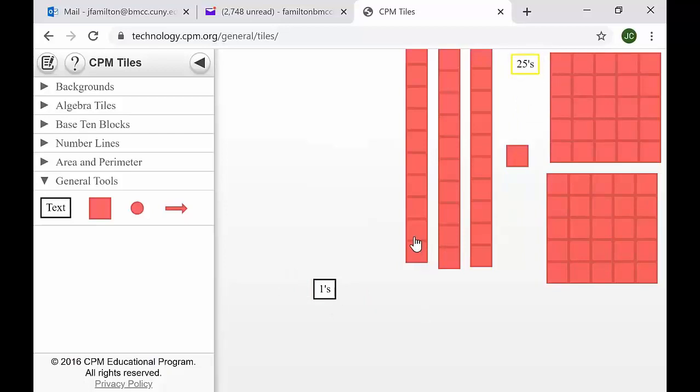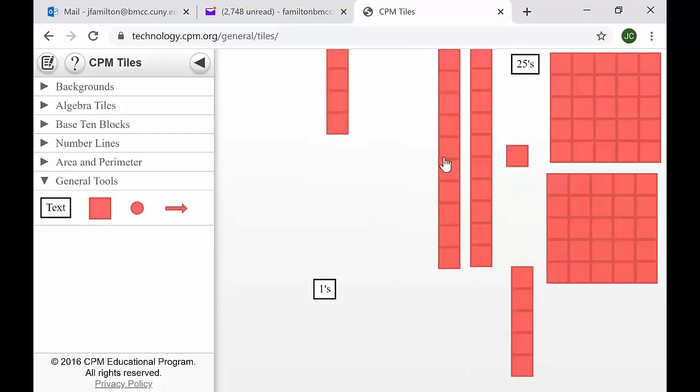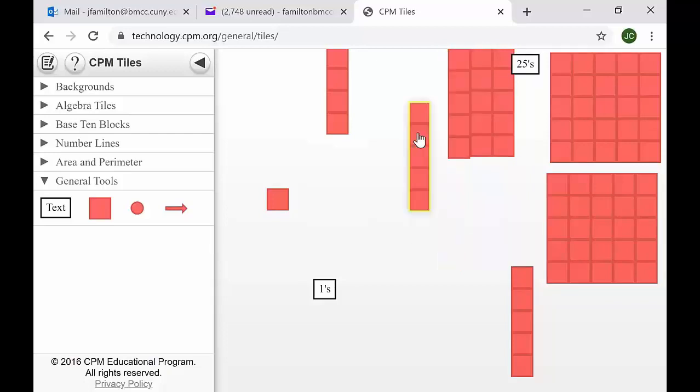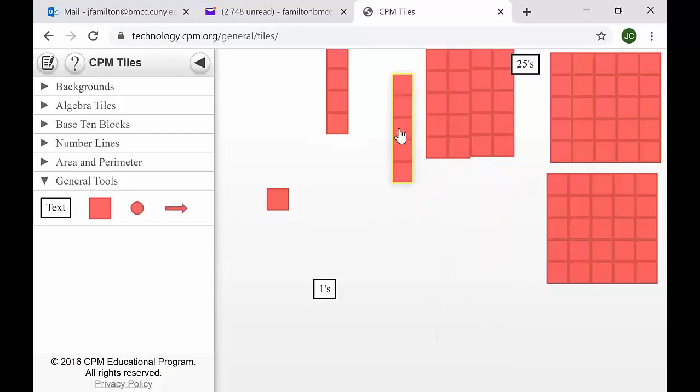And then I'll do another one. See how many I can squeeze in here. Put this unit over here. 1, 2, 3, 4, 5. So this will give me another base 5 flat.